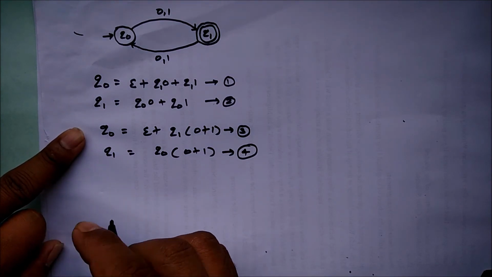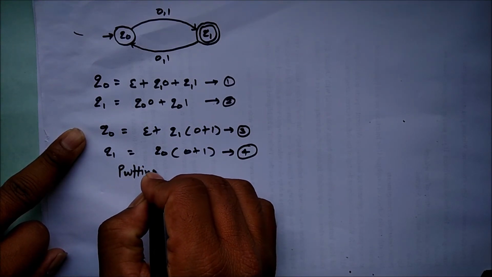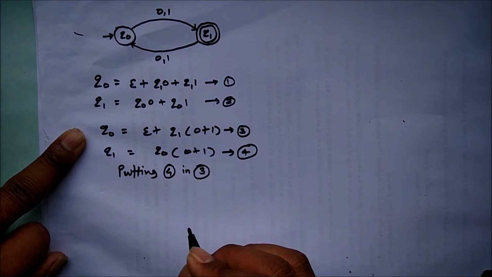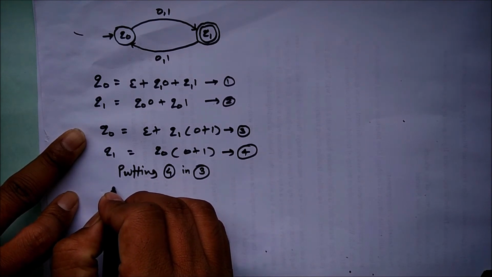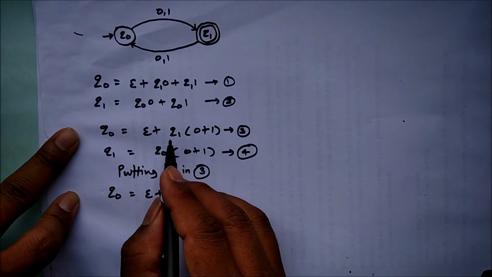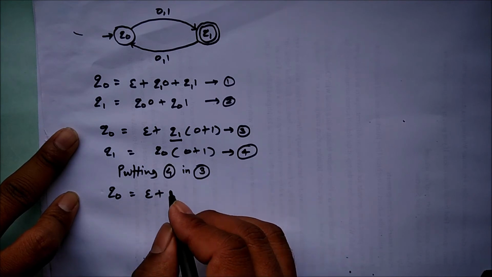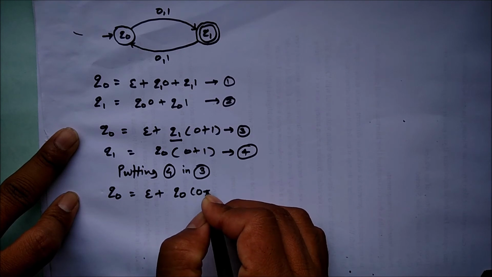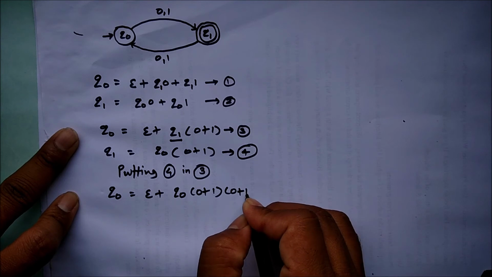So by putting equation 4 in 3, what we get is q0 is equal to epsilon plus q1, and now this q1 we have to replace with this equation, so it can be written as q0 into (0 plus 1), okay, and its original q0 plus 1.